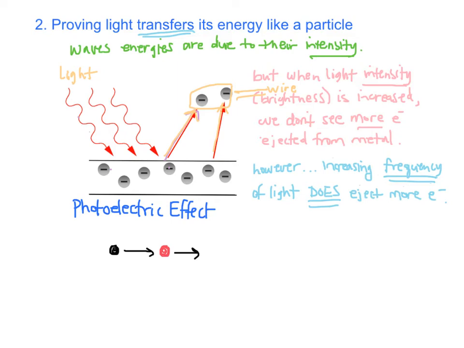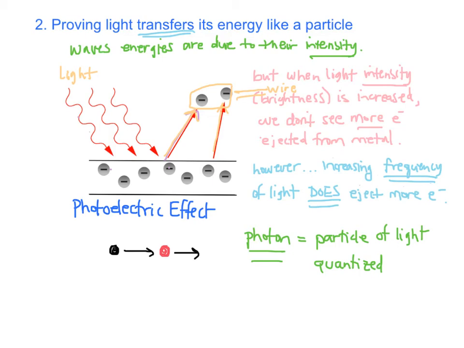And you should also know that these little packets of light, since light acts like a particle, we have a name for a particle of light. It's called a photon. And it's quantized. If you remember what a quantum is, that just means that those little packets or photons have different amounts of energy depending on their frequency.